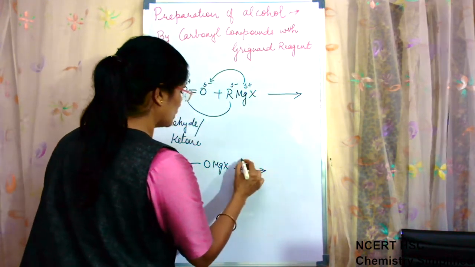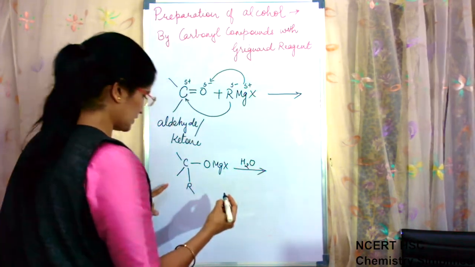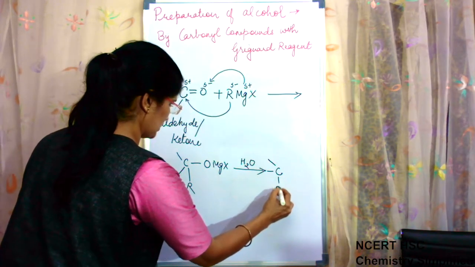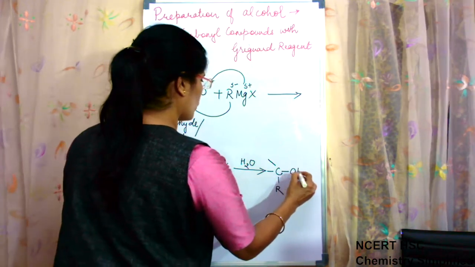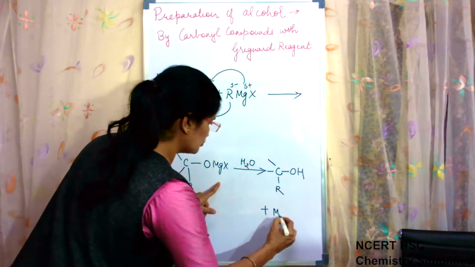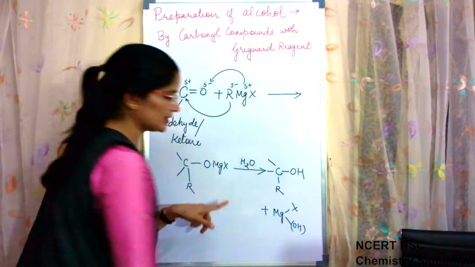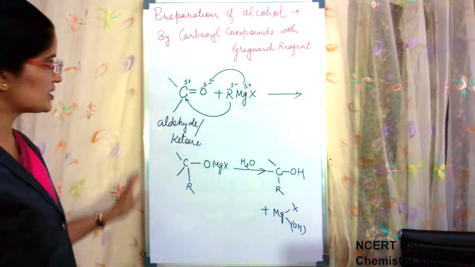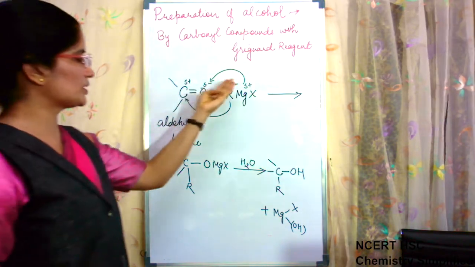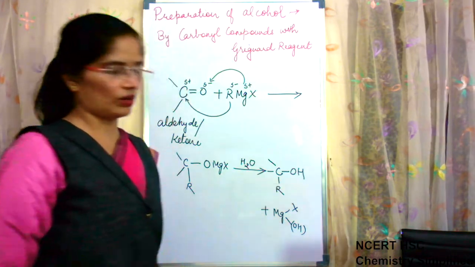Then on hydrolysis, this intermediate will result in forming C, R, OH, where this O will have H plus. MgXOH will be formed as a byproduct. This is a common reaction in which a carbonyl compound reacts with a Grignard reagent to form alcohol.